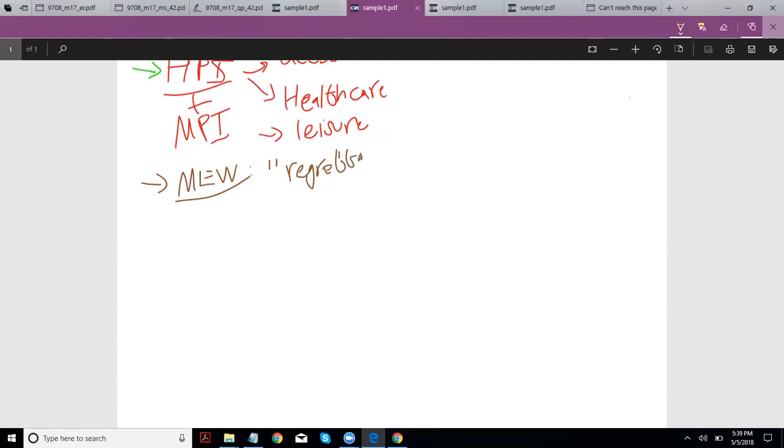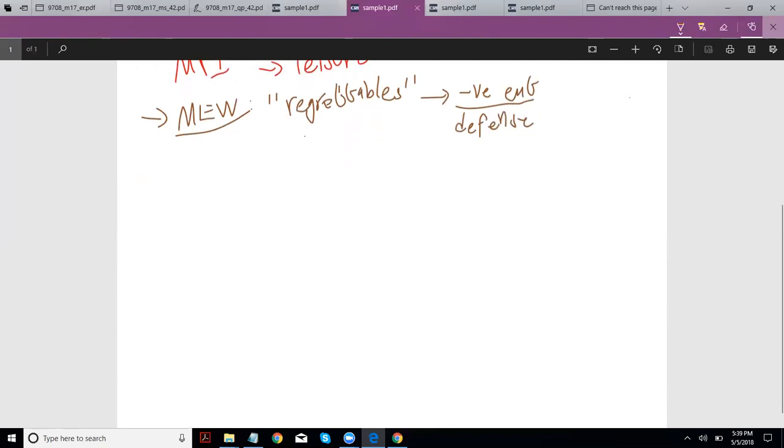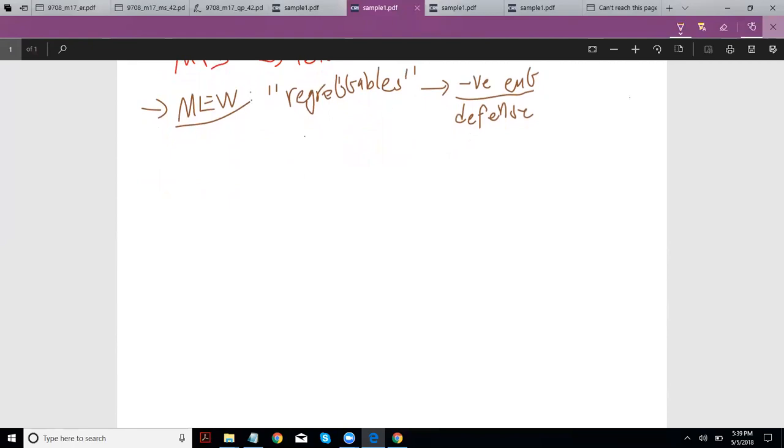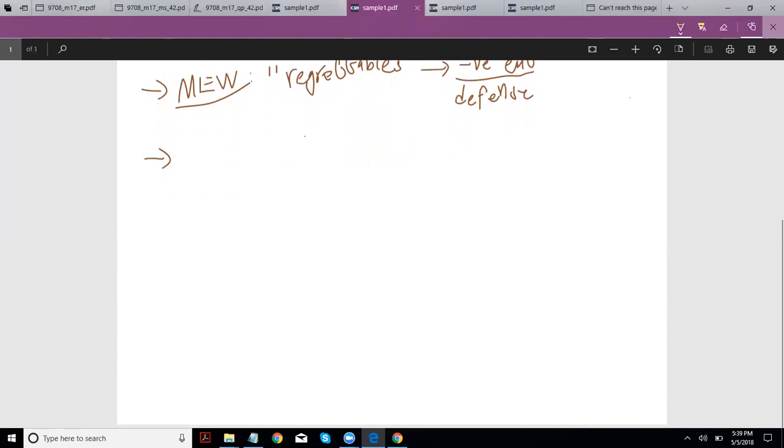Regrettables, my spelling is very bad, please don't judge. Regrettables would be negative externalities, like environmental damage, all that type of stuff. Negative externalities, expenditure on defense, so all of this is subtracted from GDP. It takes into account GDP and stuff like that, and it then subtracts negative externalities, subtracts expenditure on defense and so forth.